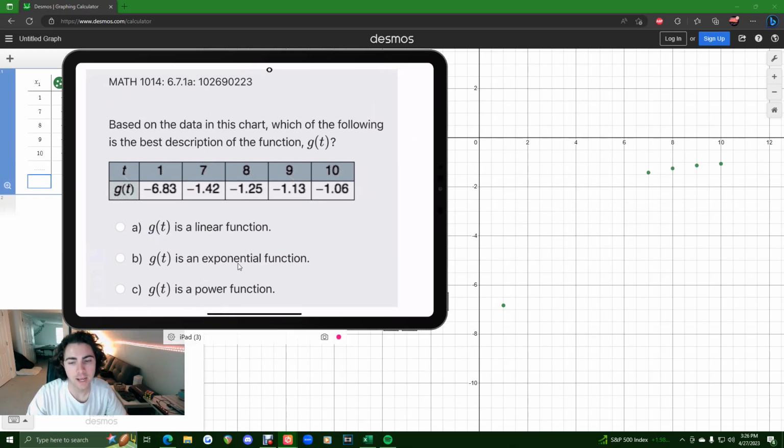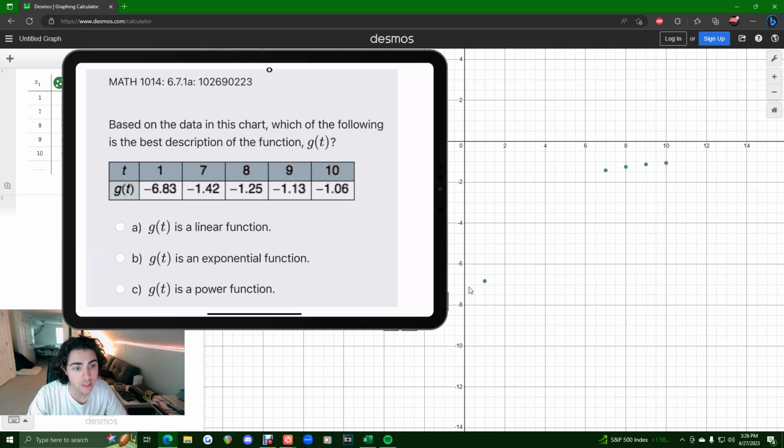And then for a power function, it's hard to say because I don't have many examples of it, but if there's not just a curve, but there's a curve in the points and it comes back down, like it increases and then decreases, then that might be more of a power function, maybe like some sort of x squared power function, right?